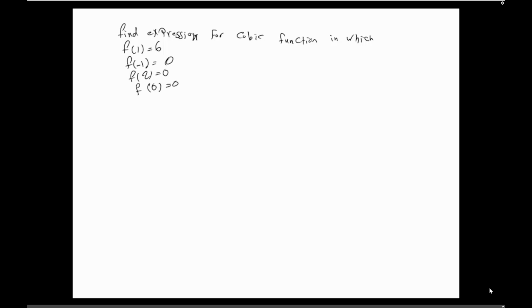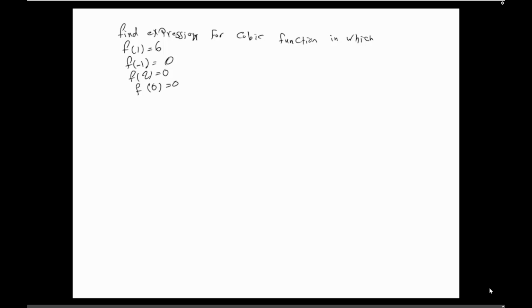In this question, it says find an expression for a cubic function, in which it has given us some values. f of 1 is equivalent to 6, f of minus 1 is equivalent to 0, f of 2 is equivalent to 0, and f of 0 is also equivalent to 0.